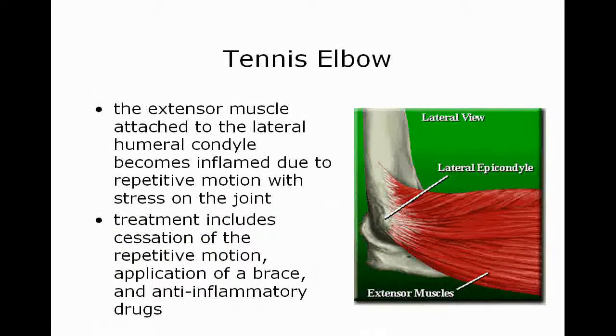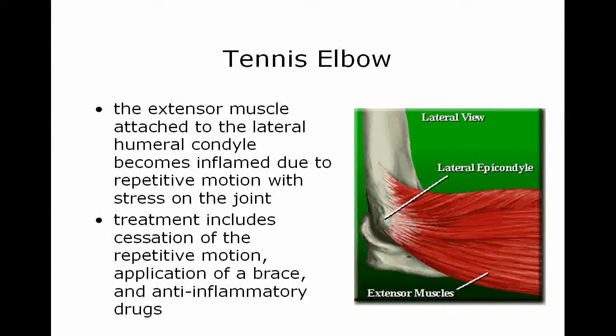Okay, tennis elbow is also called lateral humeral epicondylitis. You can see why they would just call it tennis elbow. It's not a condition that only occurs in people who play tennis.